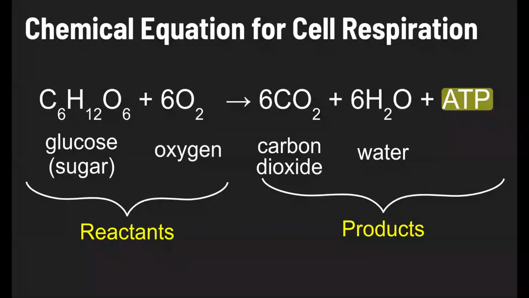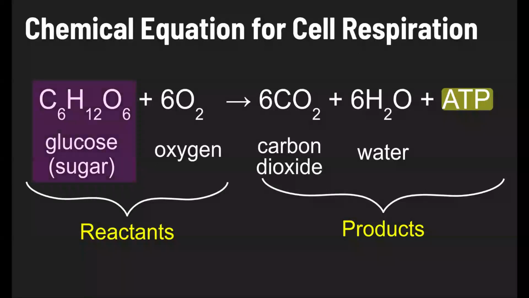Okay, so first, here's the chemical equation for cell respiration. You have glucose, which I mentioned a moment ago. That comes from the food that you eat, and oxygen, which you take in when you breathe. So you have glucose plus oxygen. Those are your reactants, and you're going to use those to produce three things: carbon dioxide, water, and ATP.